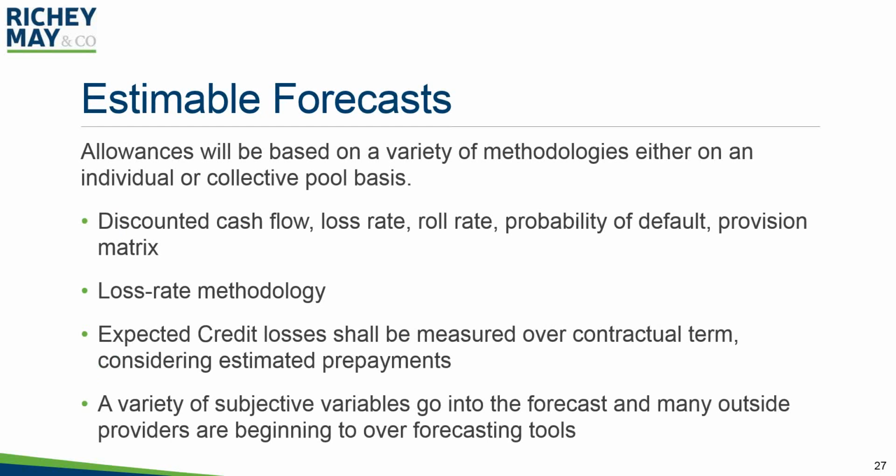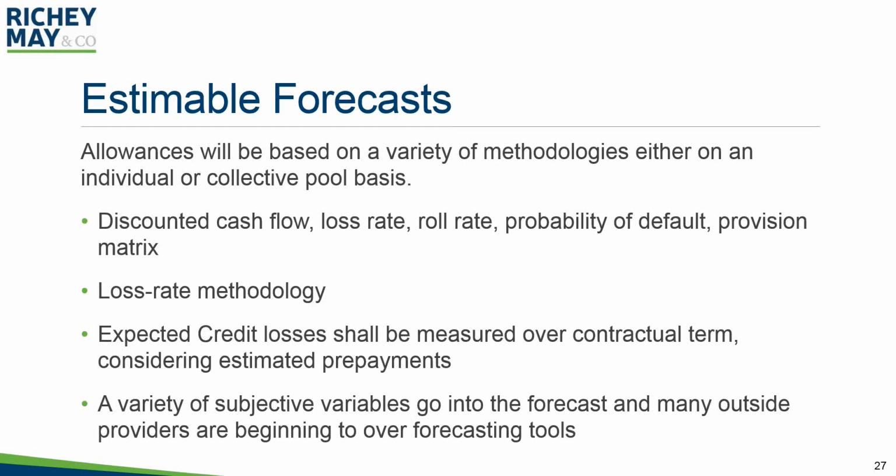The allowances will be based on a variety of methodologies, either on an individual loan basis or a collective pool basis for loans with similar characteristics. There's discounted cash flow, loss rate, roll rate, probability of default, provision matrix, loss rate methodology. The losses, again, are measured over the contractual term of the loan, considering any estimated prepayments.